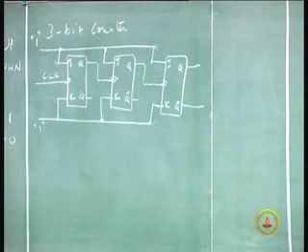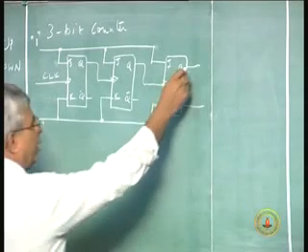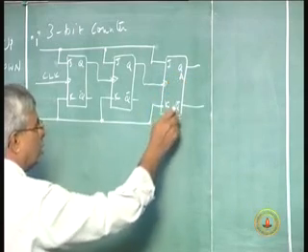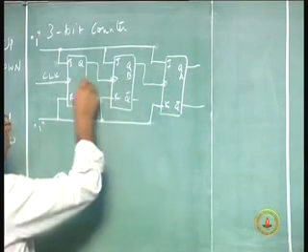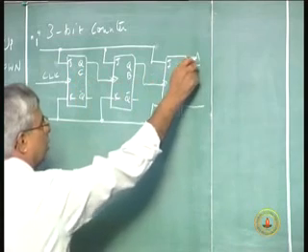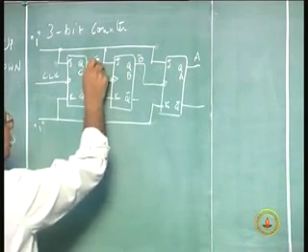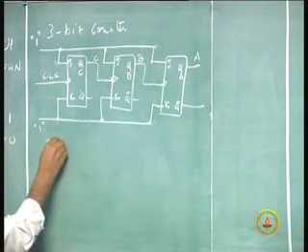A is the most significant bit and C is the least significant bit. So this should be QA, this is QB, this is QC. So I have A, B, C.